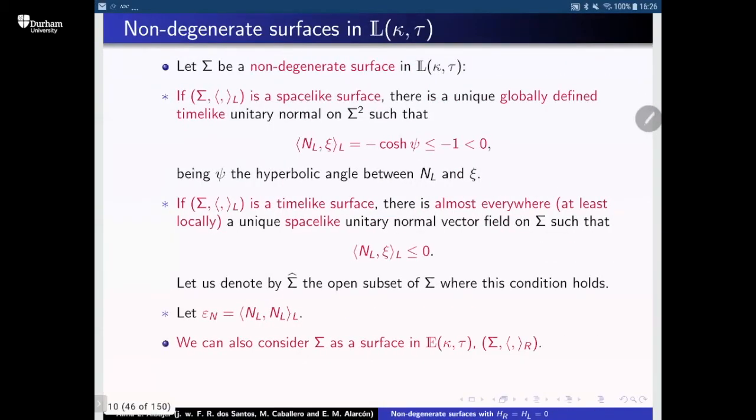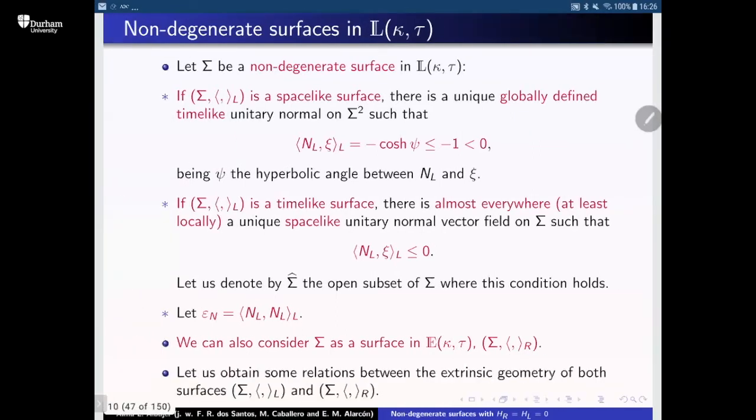Well, so if we have a non-degenerate surface in L kappa tau, we can consider also sigma as a surface in A kappa tau. So we again have the same topological surface with two different metrics. One, which is always Riemannian, which is the metric endowed by A kappa tau, and the other that can be either space-like or Lorentzian, depending on the causal character of the surface.